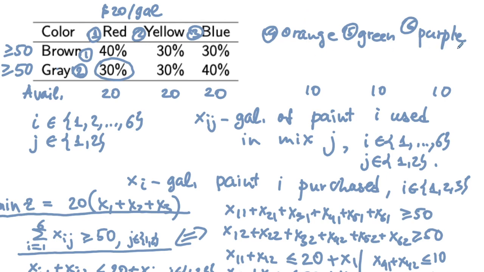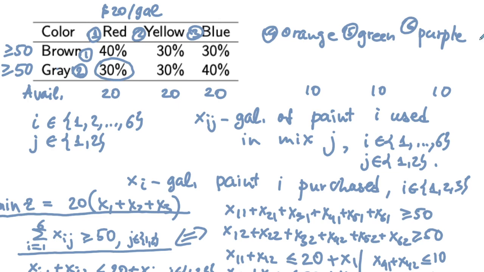So x42 and x62 will also be involved. So there will be 3 variables that contribute to the red paint in the gray mix, and these 3 variables will be, again, x12, x42, and x62.